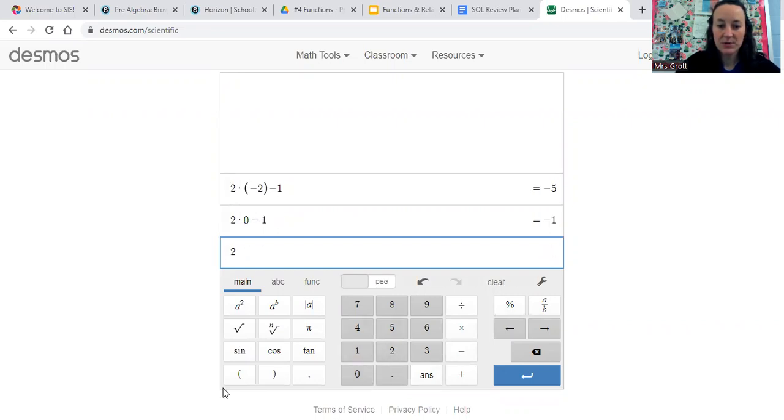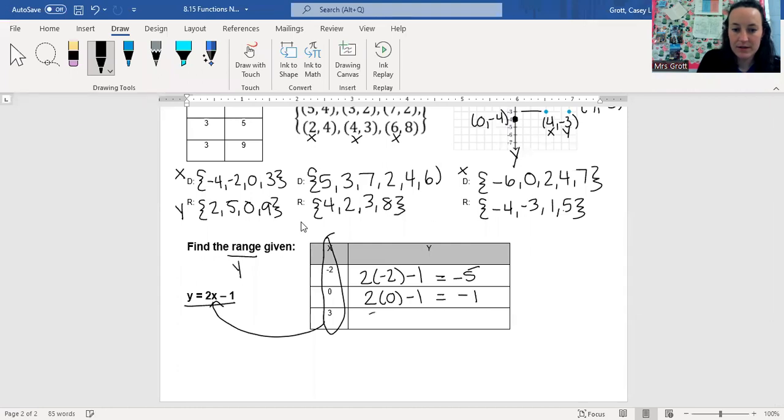Notice we get the same answer whether we use the parentheses or not. Okay, so I will leave that up to you whether you want to use them. We still got -1 and -1. And then 2 times 3 minus 1. 2 times 3 is 6. 6 minus 1 is going to get me to 5. This would be my range, all of the y values.